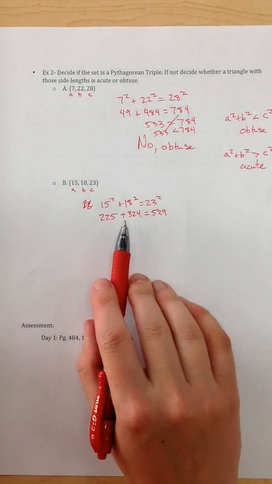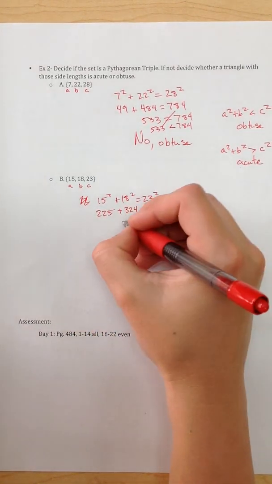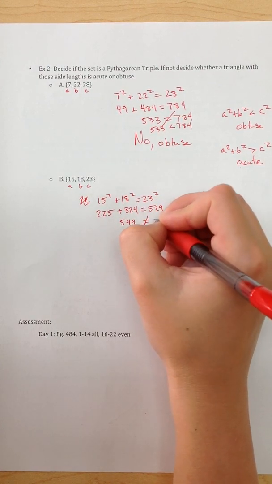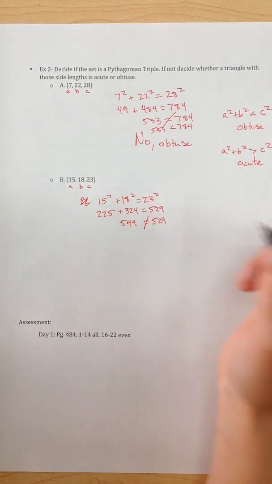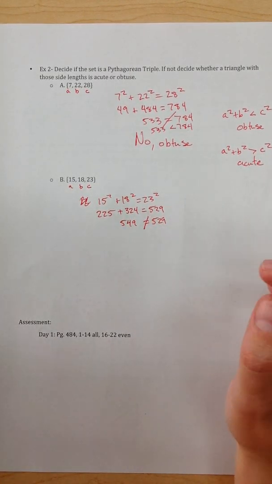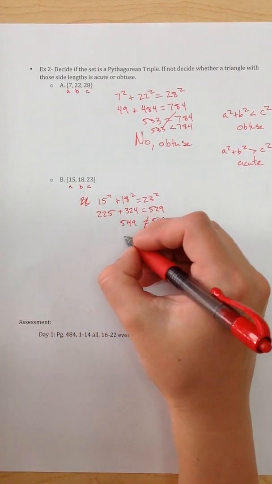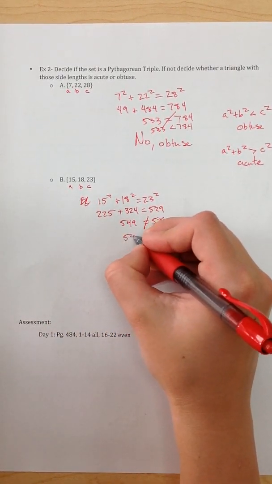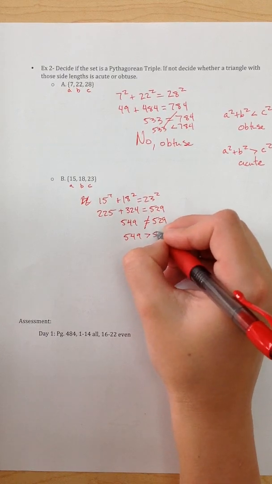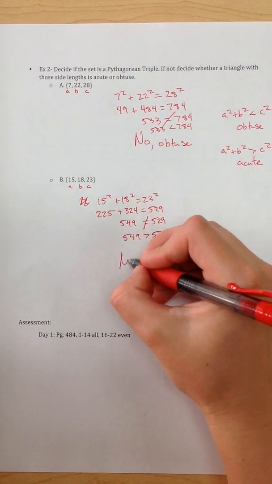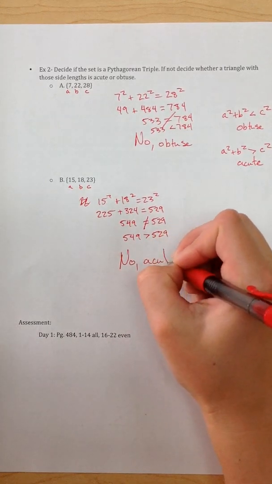Then if I add these two values together, I should get 549, which would not be equal to 529. It's a lot closer than the last one, but still not equal to each other. So in this one, my A squared plus my B squared would be bigger than, because 549 is bigger than 529. So if it's bigger there, then this would be no, and this would be acute.